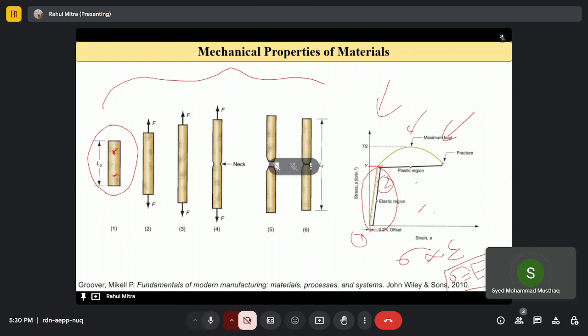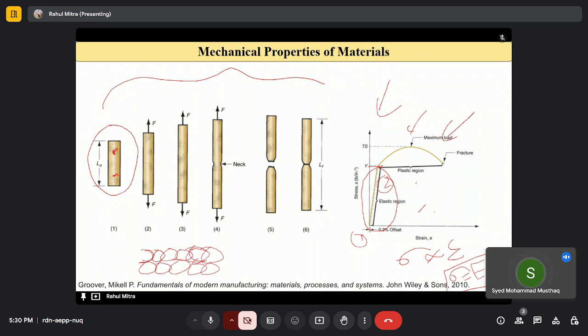Let's continue. There are different models that define the plastic deformation. One was this model, where we have atomic planes sliding on each other.